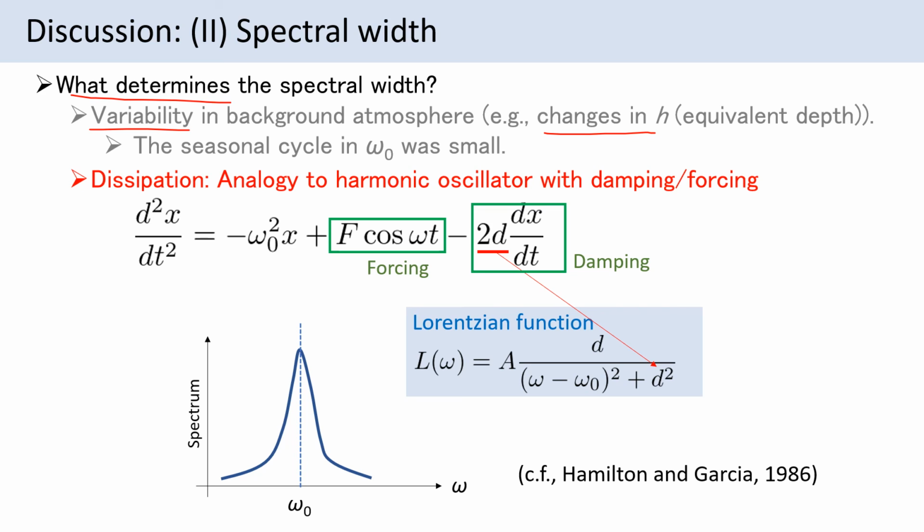So this possibility may be unlikely. Another possibility may be the dissipation. Based on the analogy to the harmonic oscillator with damping and forcing, Hamilton and Garcia estimated the damping rate based on the spectral width of the normal mode frequencies. So we will revisit this approach here.